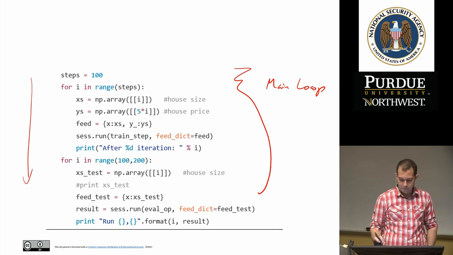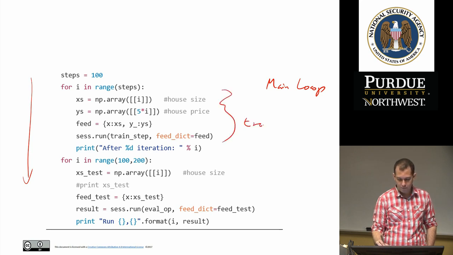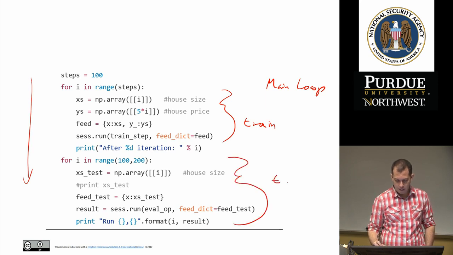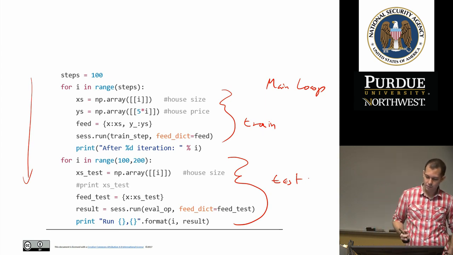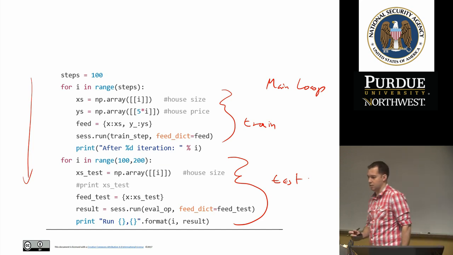I've broken this up into 2 parts: a for loop for the train section, and a for loop for the test section. I'll explain this in more detail as I go through it line by line. But those are all the main elements of this implementation of linear regression in TensorFlow.